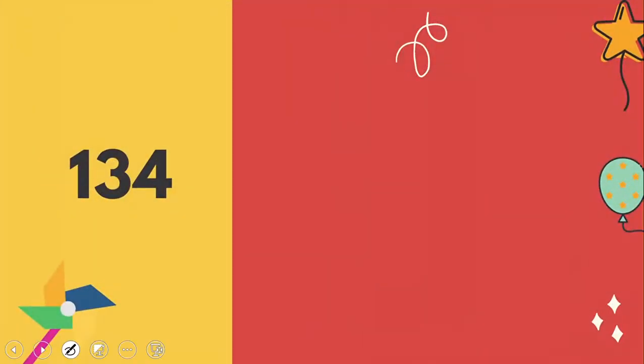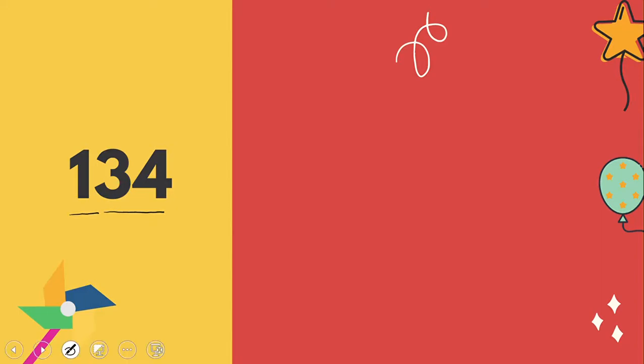Let's move to the number names of three-digit numbers. Do you remember what I taught you in the previous video? When we have to read three-digit numbers, then we read the last two digits together and the first digit separately. First, let's see what the place value of each digit is in this numeral.